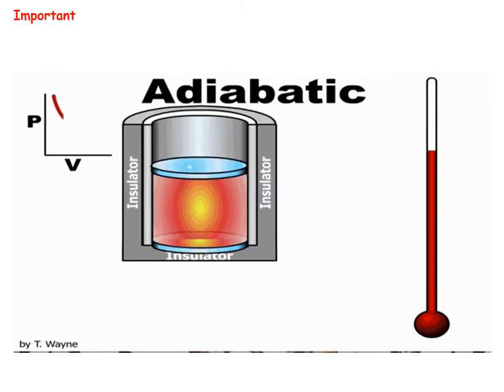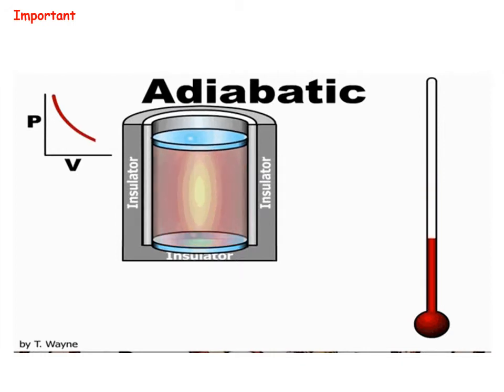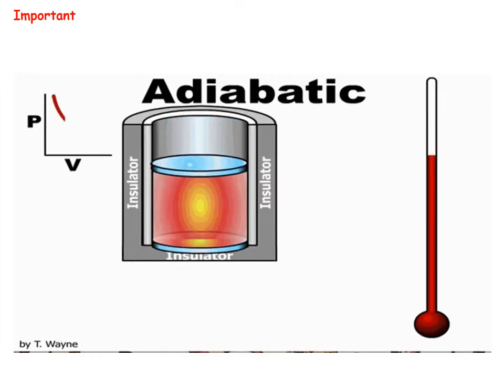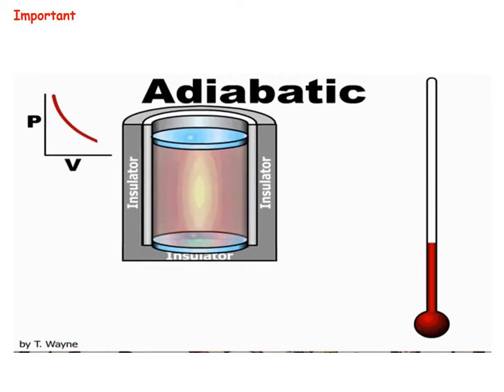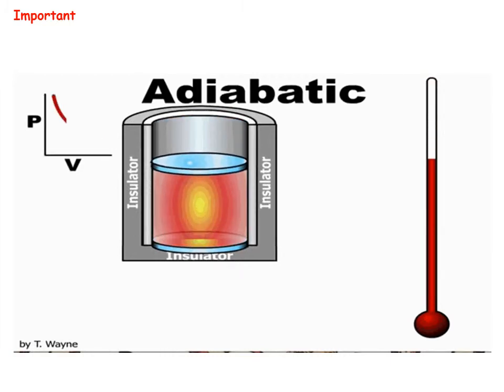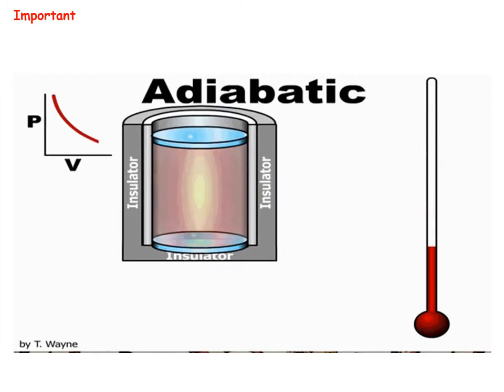Another process is adiabatic process. In this process, the system is isolated from the surrounding. It's very clear in the diagram that there is an insulator between the system and the surrounding. Hence, exchange of energy is not possible. Now, what is happening? The volume is increasing and system is attaining stability.